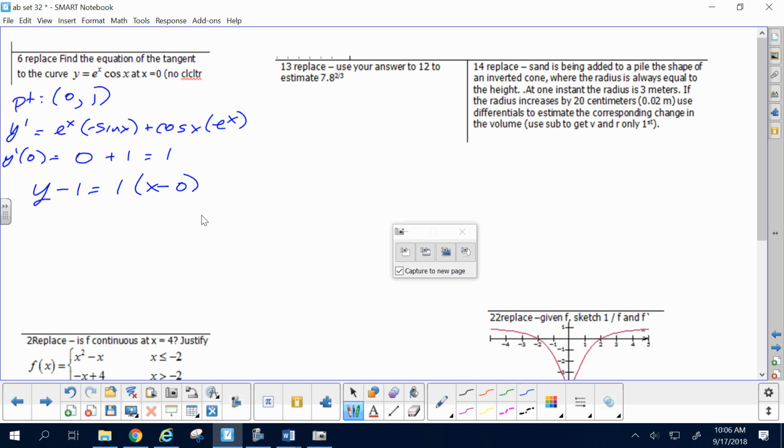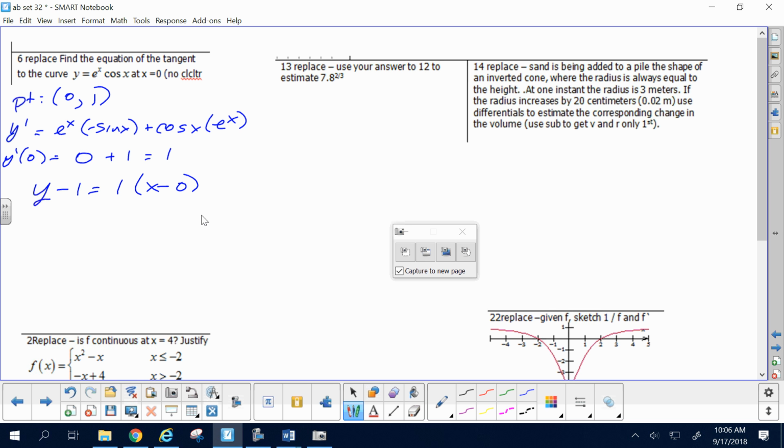Here's your answer to 12. I'm not sure, did number 13 go okay, or do we need to walk through that? All right. What was 12 asking for, a tangent line at 8 or something along those lines? Oh, I changed to number 13.